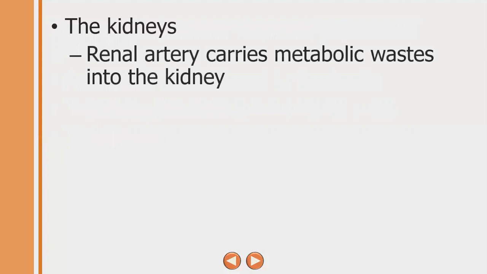It's the renal artery that carries metabolic waste into the kidney. The aorta is the largest artery in the body, and it feeds our body, and an artery comes off of that called the renal artery. Renal just refers to kidney. So it goes into the kidneys, taking blood flow with metabolic waste.